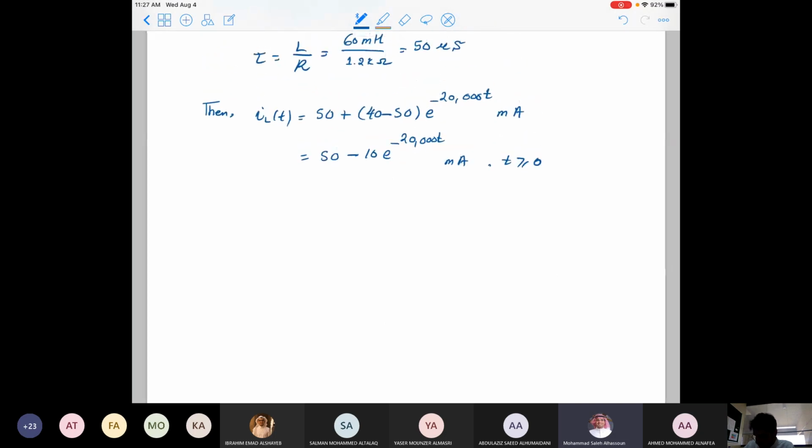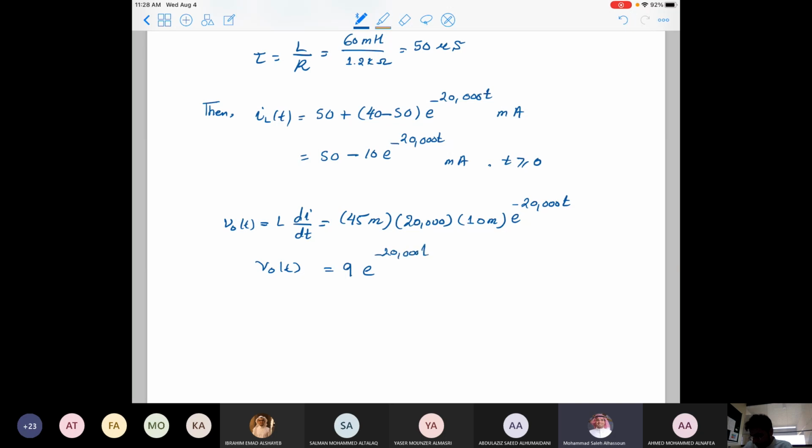So V naught equals this. If we solve for it, we'll end up with the result for t greater than 0.